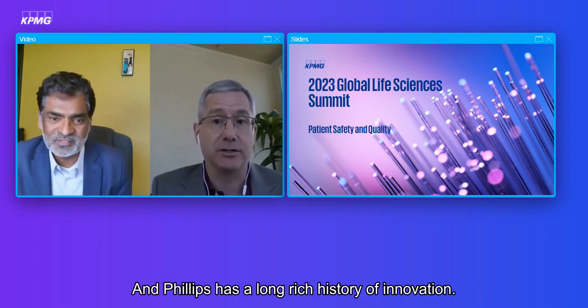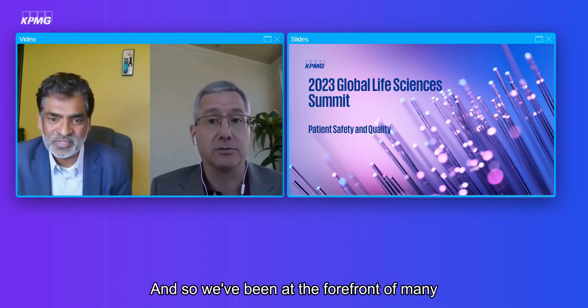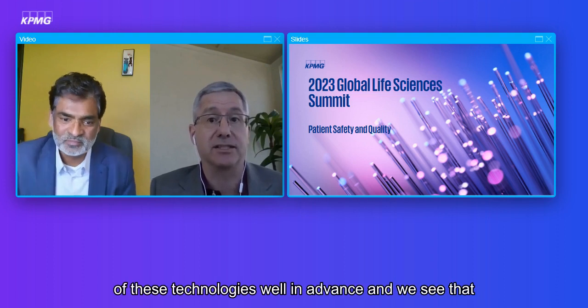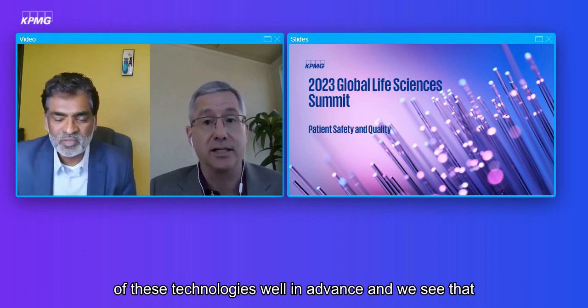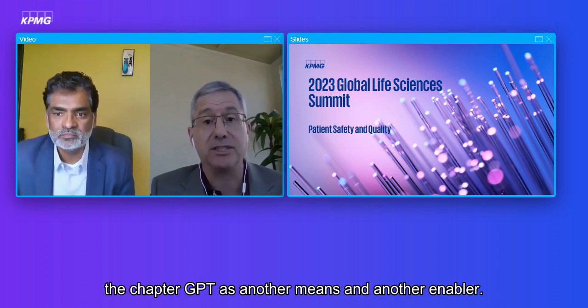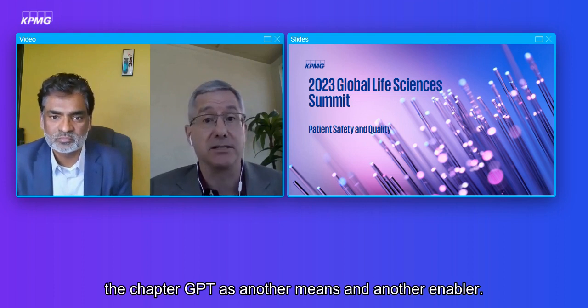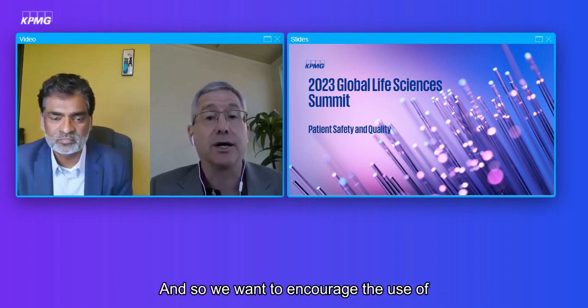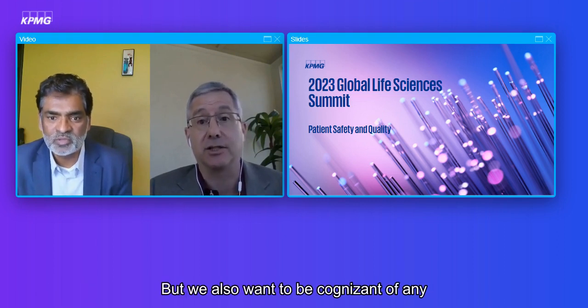Philips has a long, rich history of innovation, and we've been at the forefront of many of these technologies well in advance. We see ChatGPT as another means and another enabler. We want to encourage the use of technology and innovation in enhancing patient safety and patient outcomes.